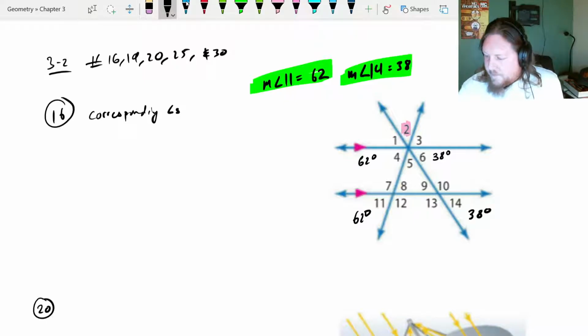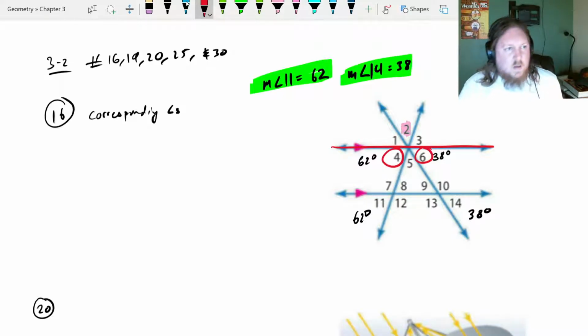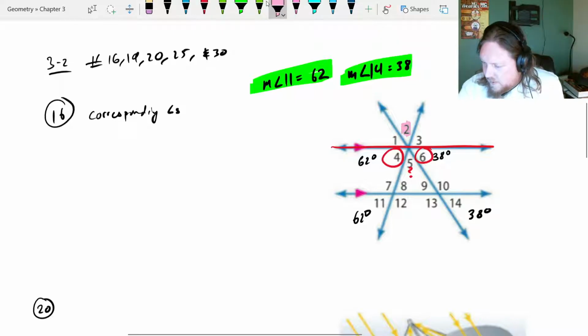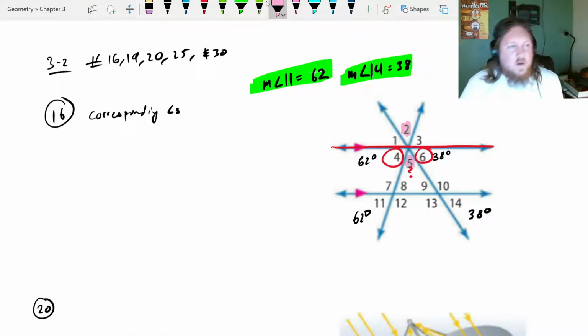Because now I notice here I'm going to draw this parallel line red here. I've got two of the angles along the bottom, but I'm missing that third angle. But I notice angle 2 and angle 5 are vertical angles, so they're congruent to each other. So if I can figure out what angle 5 is, then I can figure out what angle 2 is.